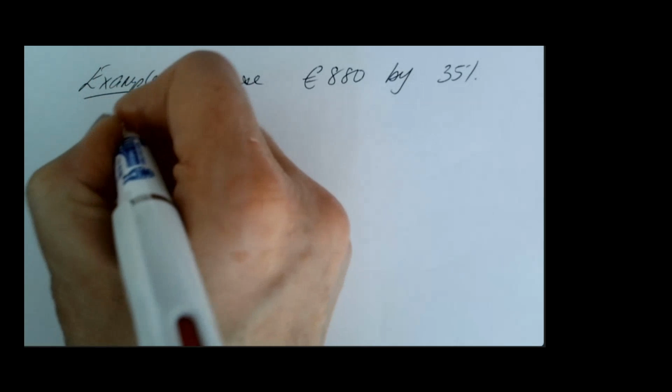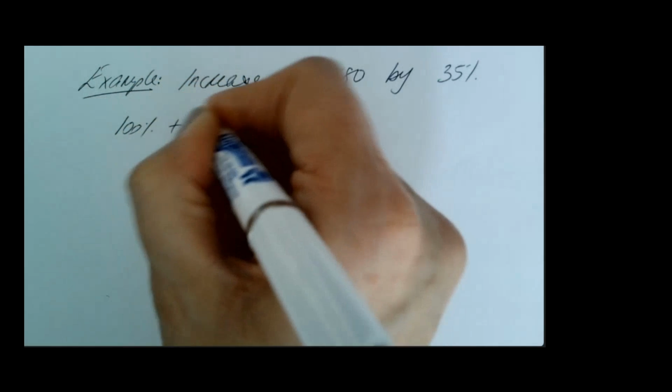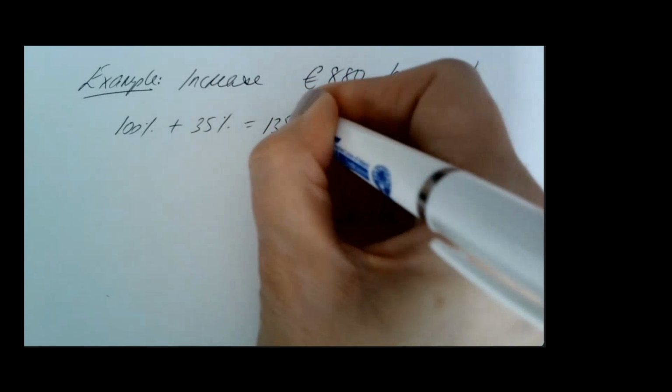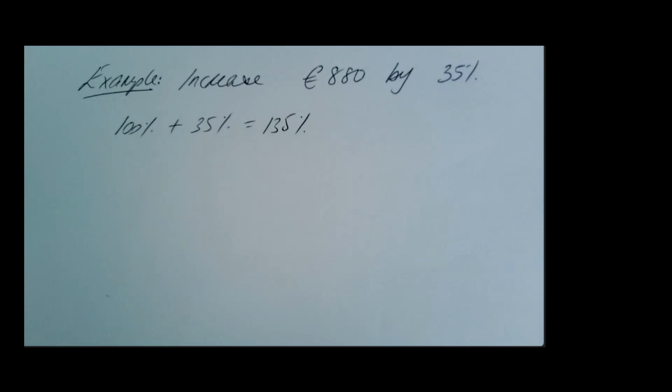Okay, if I want to increase 880 by 35%, I am basically looking for 135%. Okay, pause the video here if you feel confident with the quick method and see how you get on.